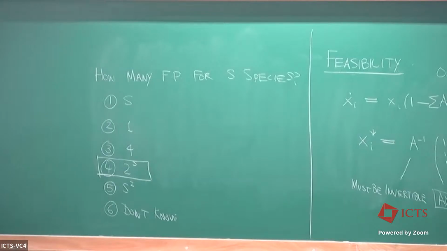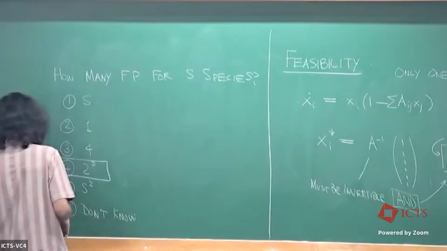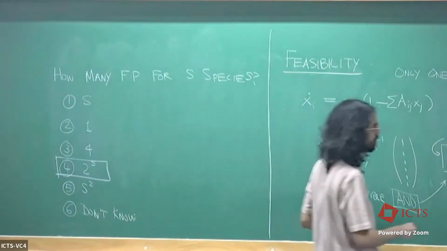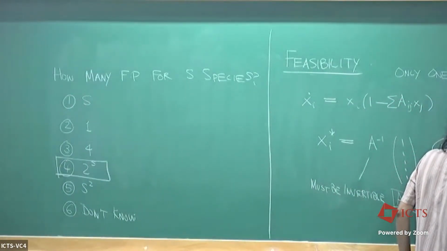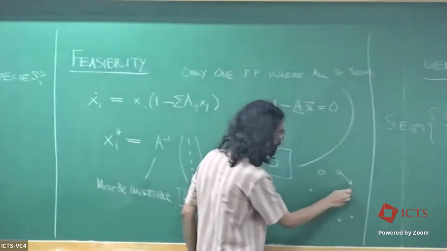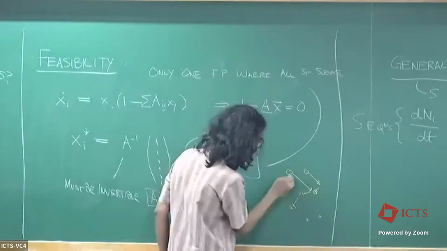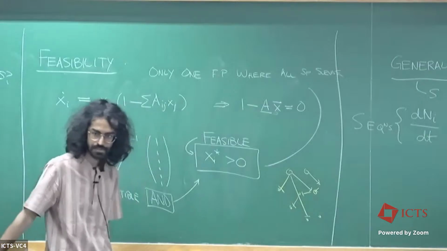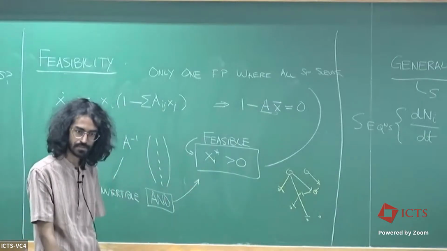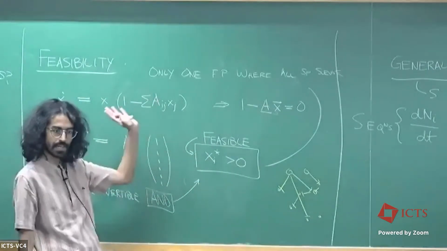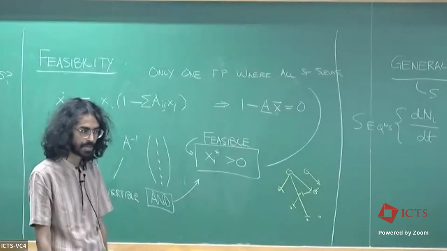Let me repeat what I was saying. Say you throw in S species. Each of these nodes is one of the S species. They interact with each other in some way. This is just a representation of my Aij matrix. I'm not going to draw all of the links. I throw all of them in, they start interacting, these dynamics start happening.